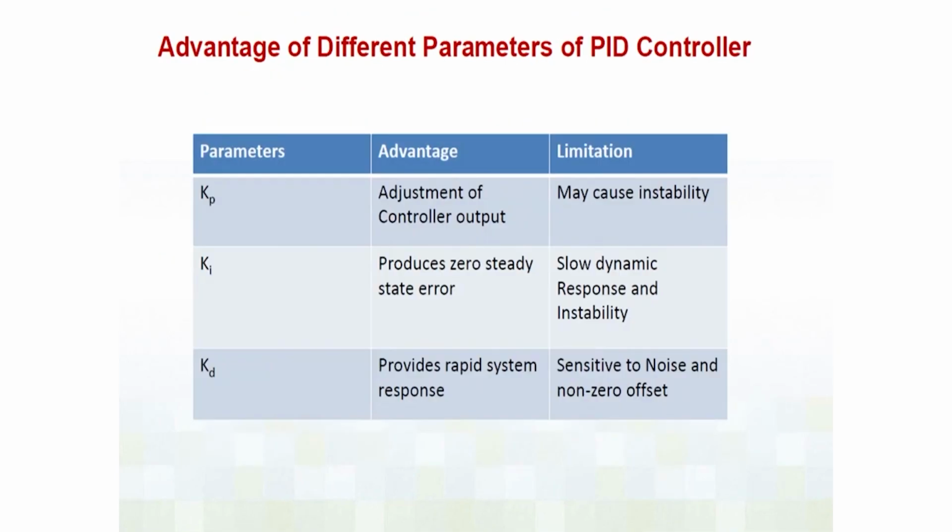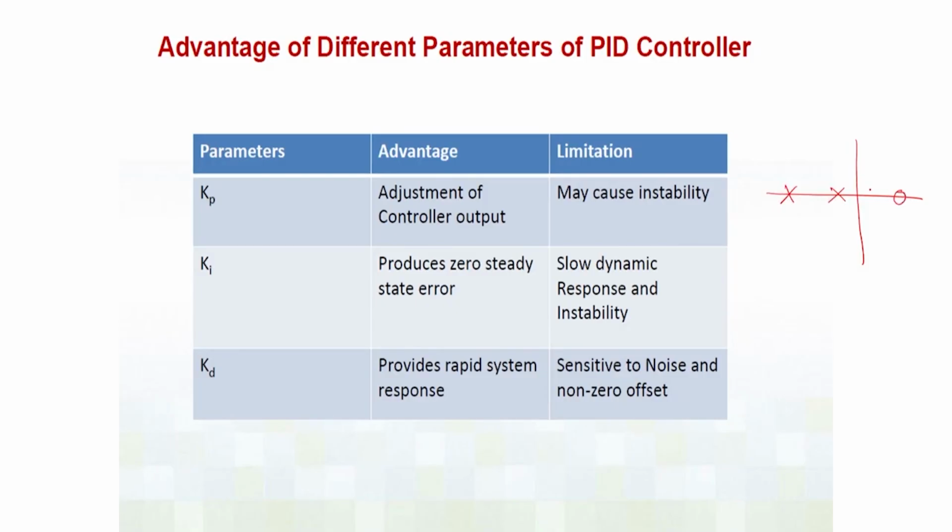Now, what are the advantages? Let us see. If I use only the proportional part of the controller, I can adjust the output of the system, but sometimes it may cause instability. A typical case is when you have a 2 pole type of situation. Suppose you have 2 poles here, and suppose you have a 0 here.